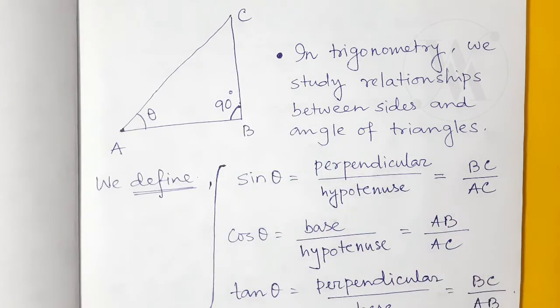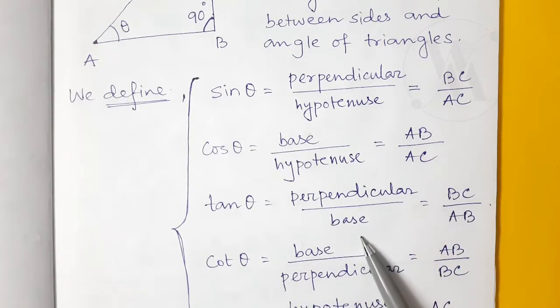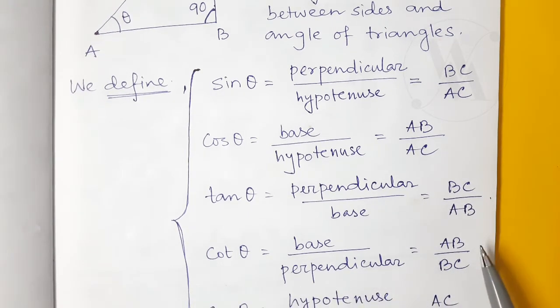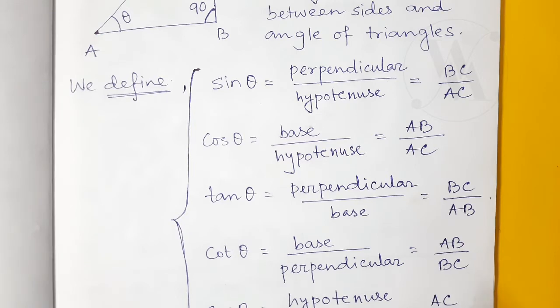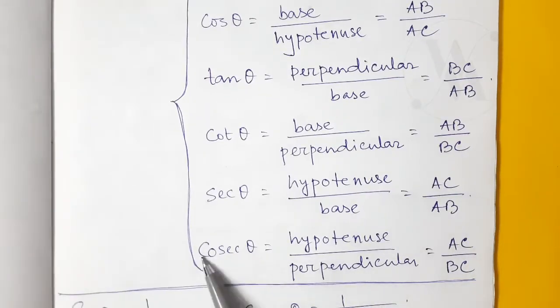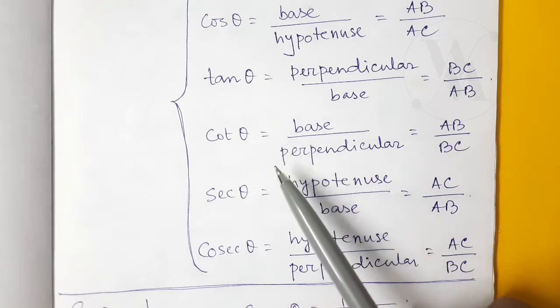Tan theta is perpendicular by base, BC by AB. Cot theta is base by perpendicular, which is AB by BC. Sec theta is hypotenuse by base, which is AC by AB, and cosec theta is hypotenuse by perpendicular, which is AC by BC. So these are the definitions of sin theta, cos theta, tan theta, and so on.